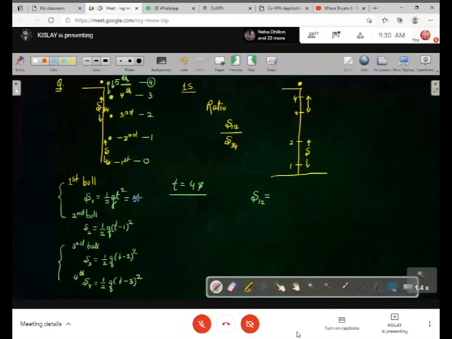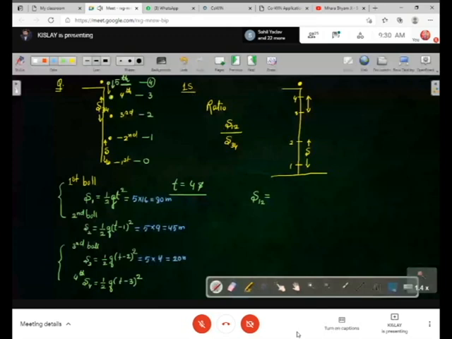Here it is, if we put the value 5 into 4 minus 1 means 3, means 5 into 9, means it is 45 meter. Here it is 5 into 4 minus 2, that becomes 2, means 4, so 5 into 4, that is 20 meter. And here it is 5 meter.